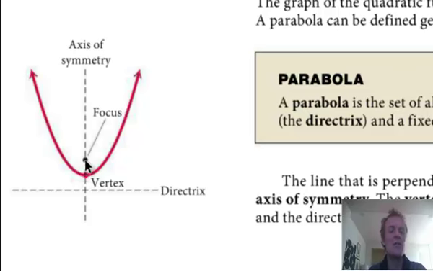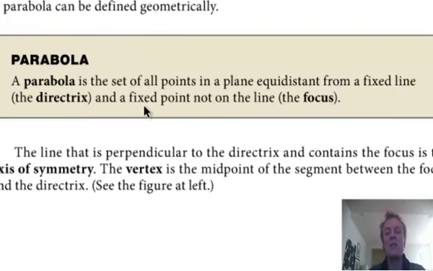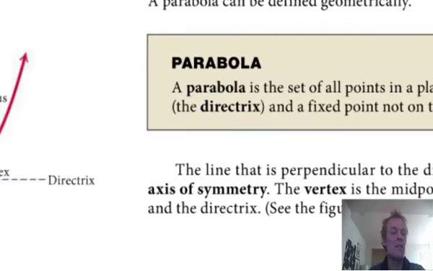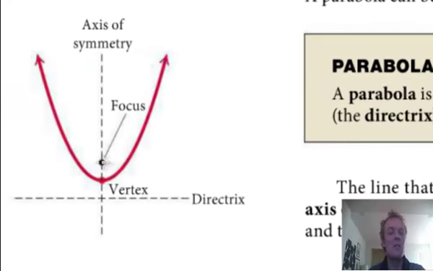Now what this means, in this box, is equidistant. If I draw a line from the focus to the parabola, it's the same distance as the parabola down to the directrix. If I do another one, straight lines up here, same distance from there to there that it is from there to there.